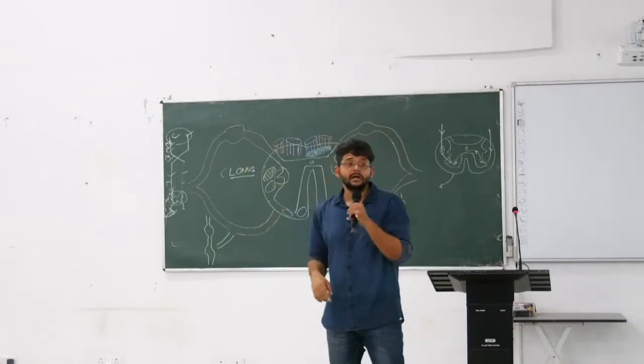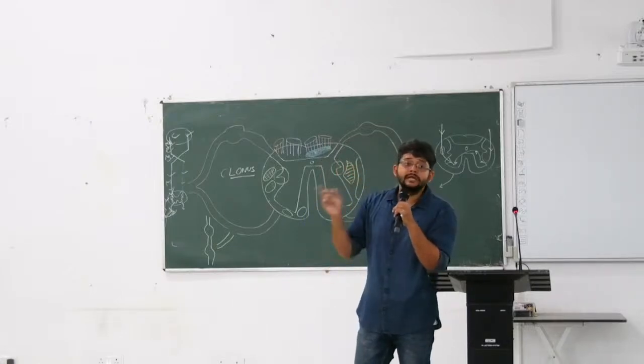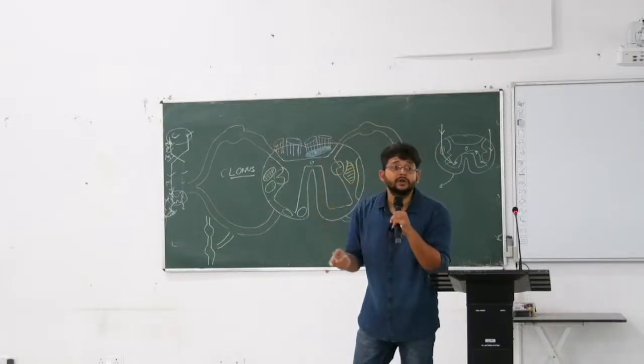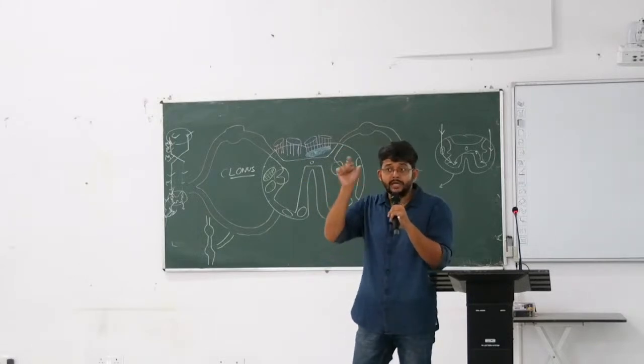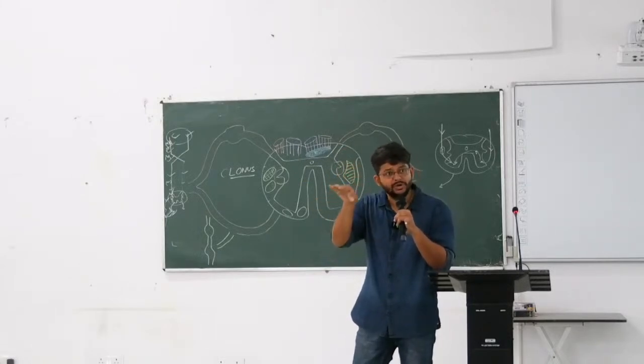Why is it happening? Because the stretch reflex and inverse stretch reflex are simultaneously on, and since there is no inhibitory response from the upper motor neuron, there is nobody to check this.